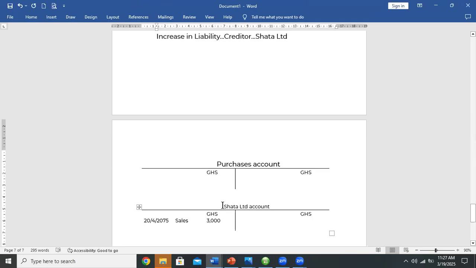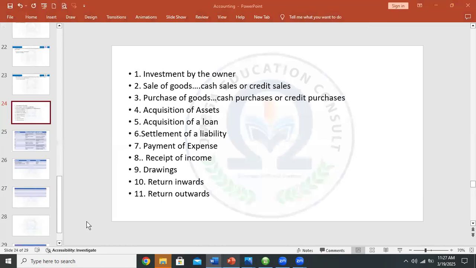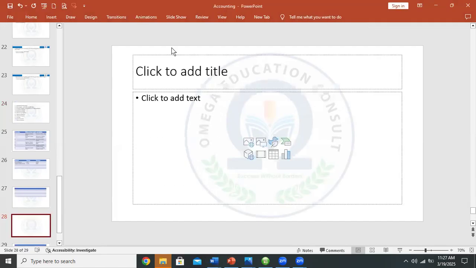Now, who do we debit and who do we credit? Let's go and use the analysis we did. If you purchase and you have an increase in stock, an increase in assets, from the chart, when assets increase, what do we do? We debit.